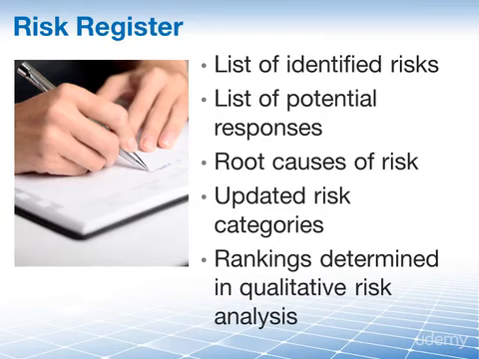This is an important piece of information because you want to concentrate on just your top risks in this process here, and by top risks we mean the high priority, high impact risks that we identified in the qualitative risk analysis process.